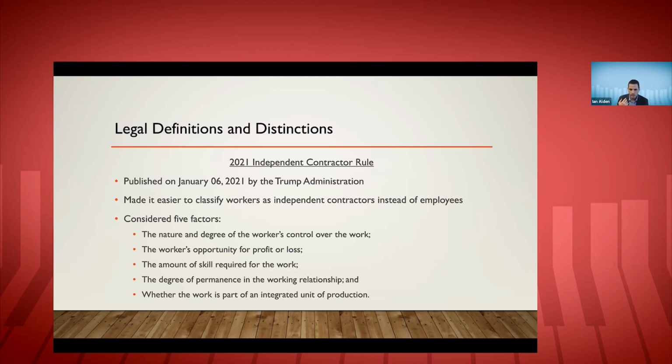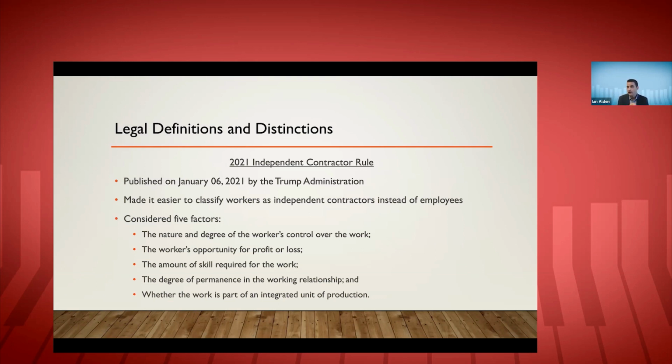You might see them make an argument that one factor is overriding. Typically, that's going to be either control or the independent business, like A or C. But those two tests are very important. And so if there's only two tests that you really walk away with an understanding of, it should be those two.